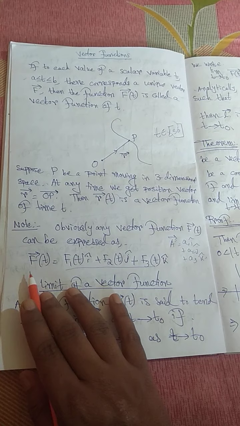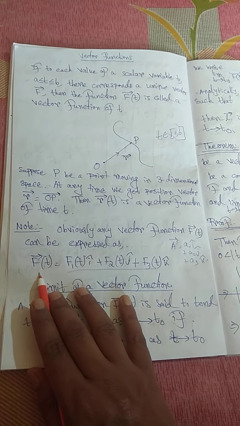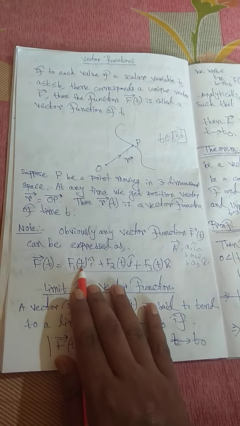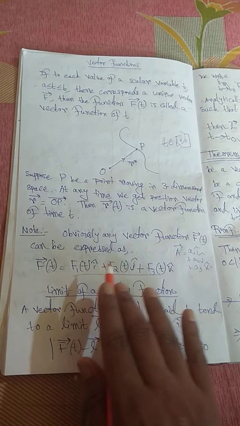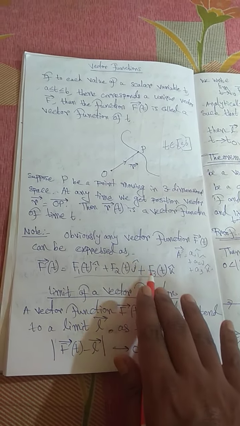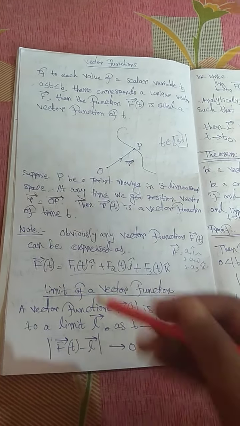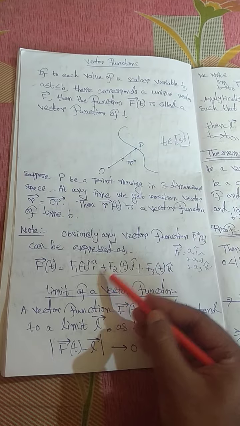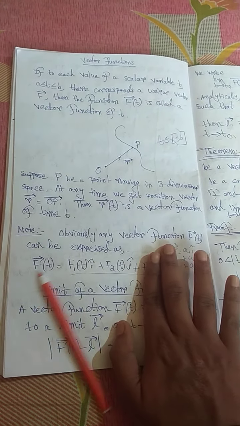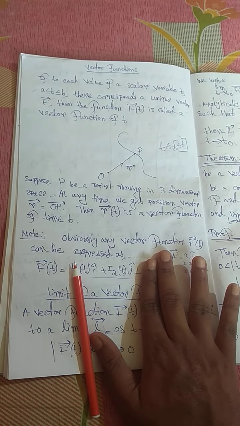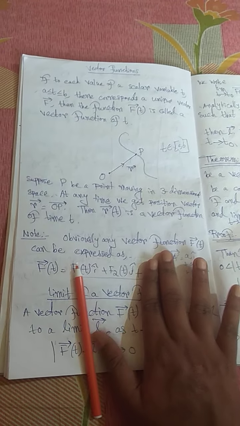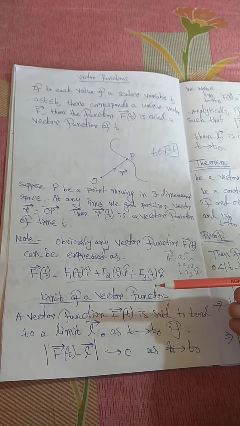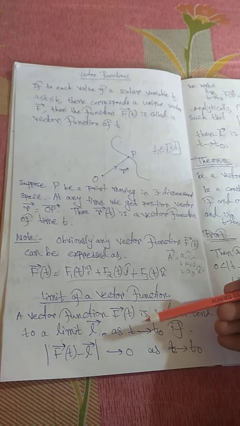Similarly, a vector function f(t) in three dimensions can be expressed as f1(t) i cap plus f2(t) j cap plus f3(t) k cap. This is the representation of a vector valued function in three dimensions. If it is two dimensions, then obviously there will be f1(t) i cap plus f2(t) j cap accordingly.